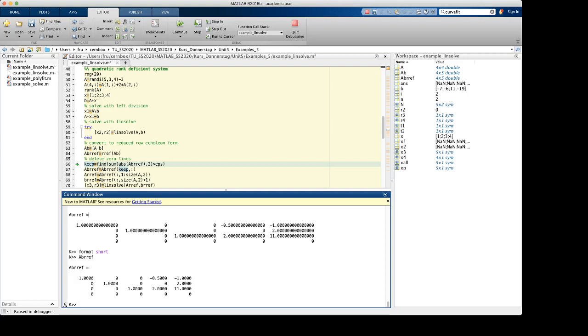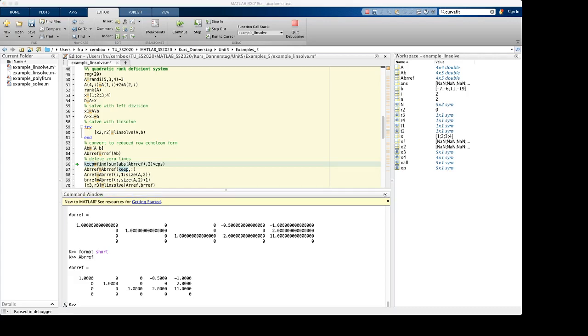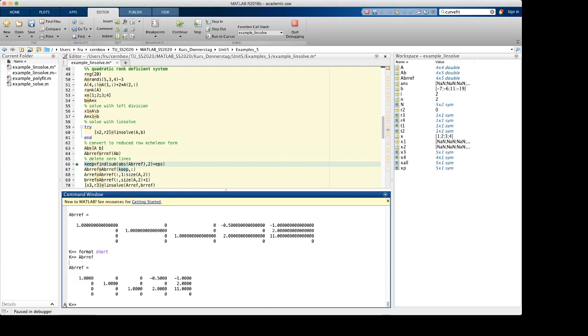So for now I find the rows which are not 0. How do I do this? I sum over the absolute values of the rows, and if this sum is larger than the boundary epsilon, which is about 10 to the minus 16, then we keep the row.